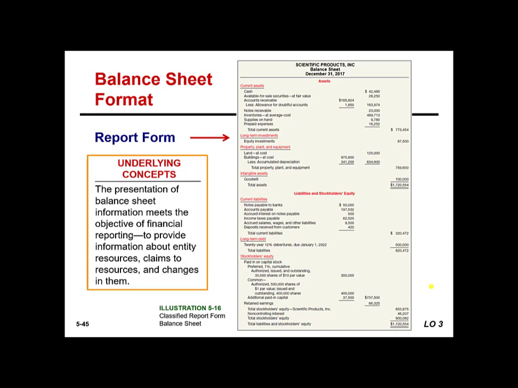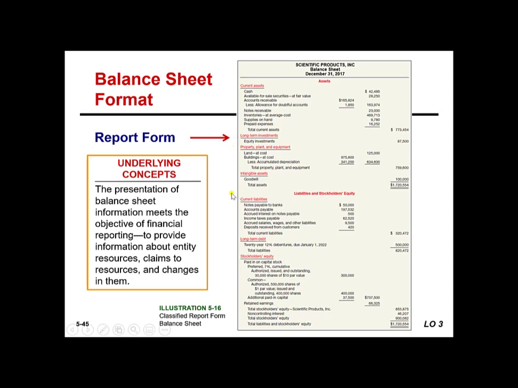The underlying concept is that the presentation of balance sheet information meets the objective of financial reporting to provide information about entity resources, claims to resources, and changes in them. Here you have your current assets section that we discussed, long-term investments, property, plant, and equipment, and intangible assets, which all make up your total assets.